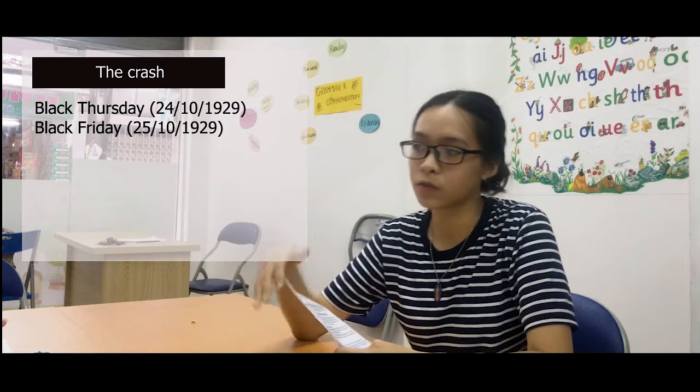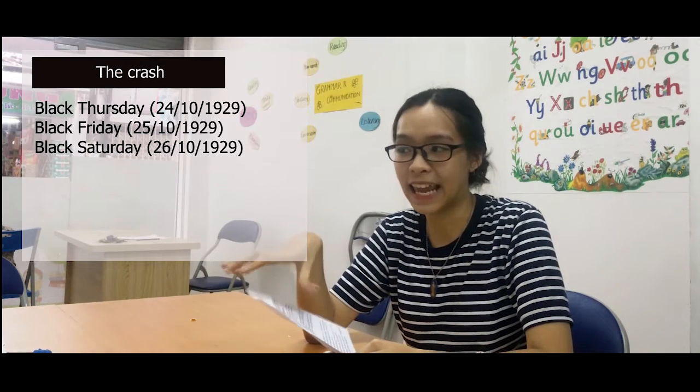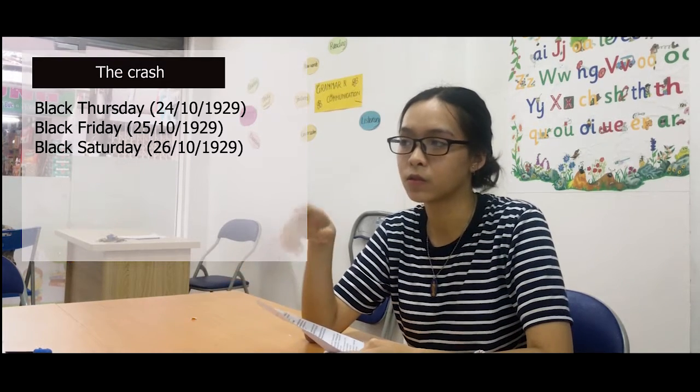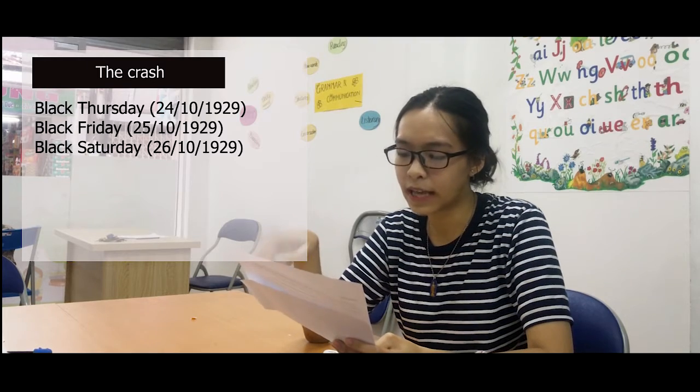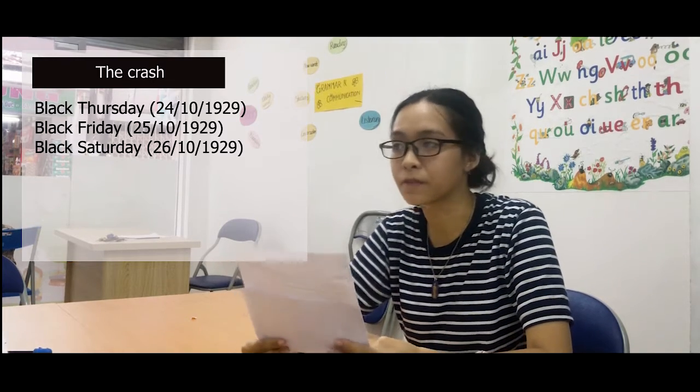On Friday, the positive momentum continued. The Dow rose 1% to 301.22. However, a short trading day on Saturday removed that gain, and the Dow closed at 298.97.